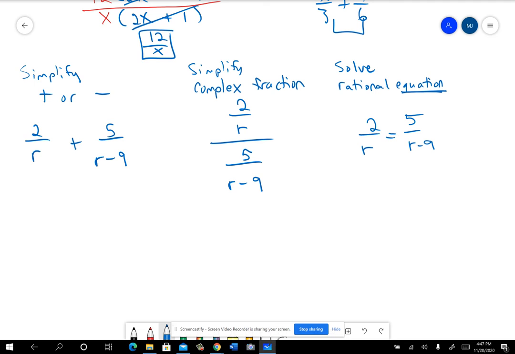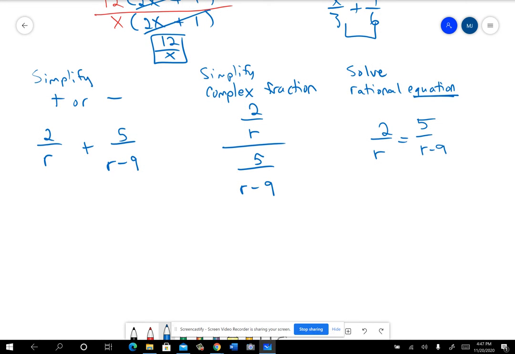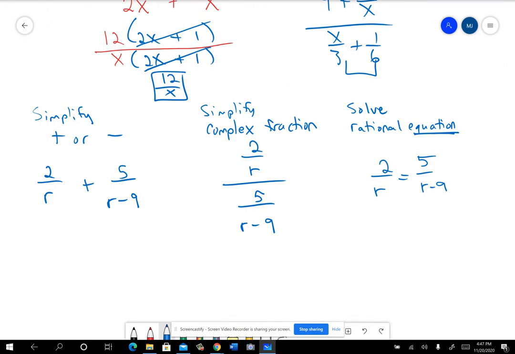So let's look at the difference in how you use the LCD, and then maybe you'll have enough to be able to try to work through some homeworks. For all of these three problems, the LCD would be the same thing.